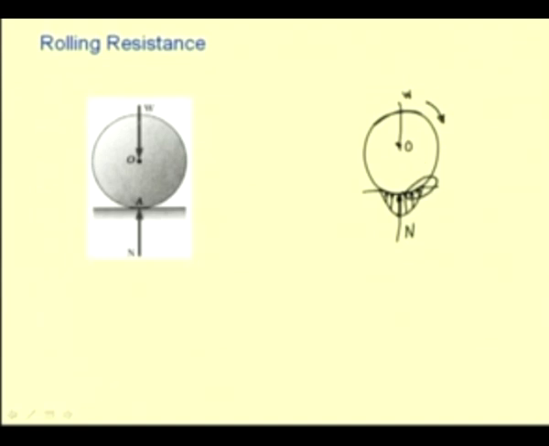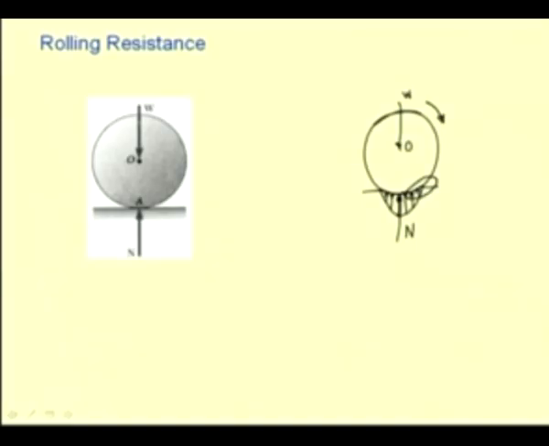We are assuming the ground as well as the wheel to be constituting of materials which are deformable under the action of these forces. So, the material here compresses and thereby offers more reaction, and the material here is relieved because the wheel is moving away from this portion.